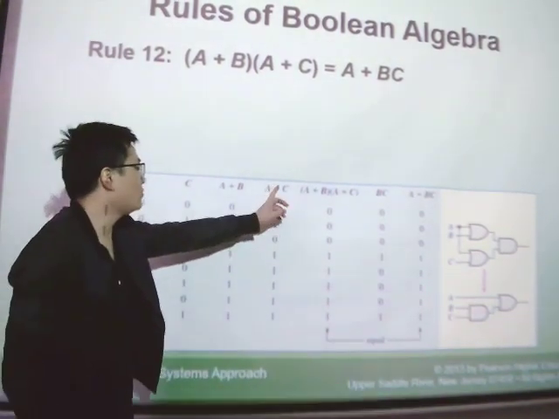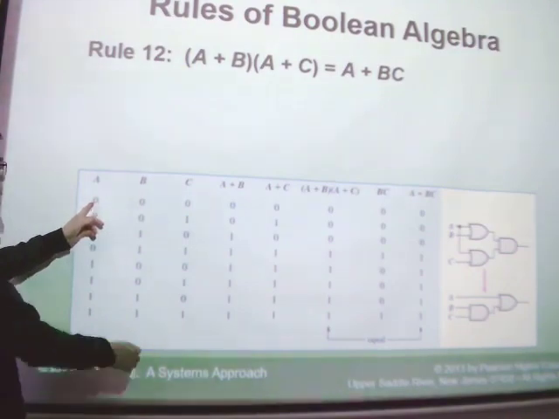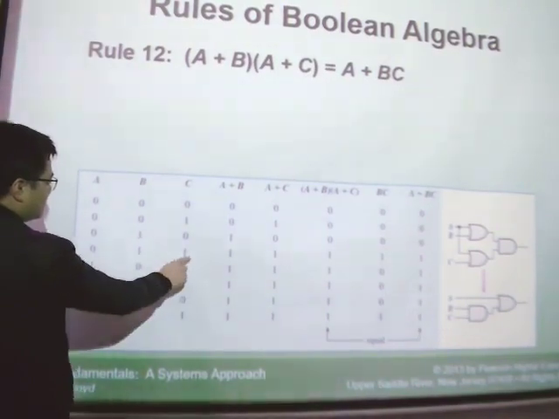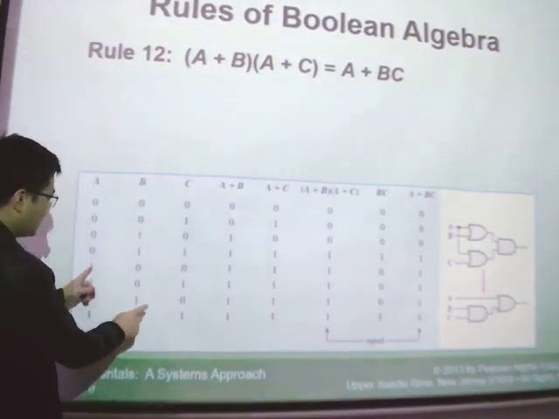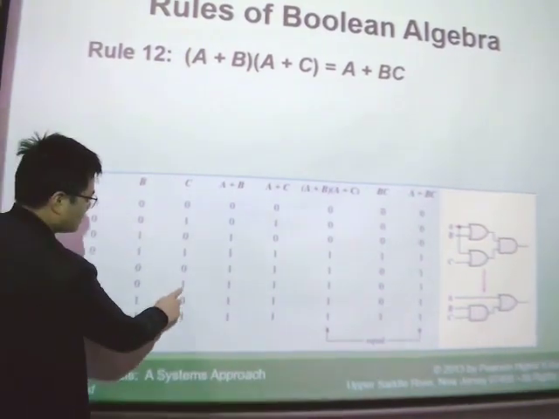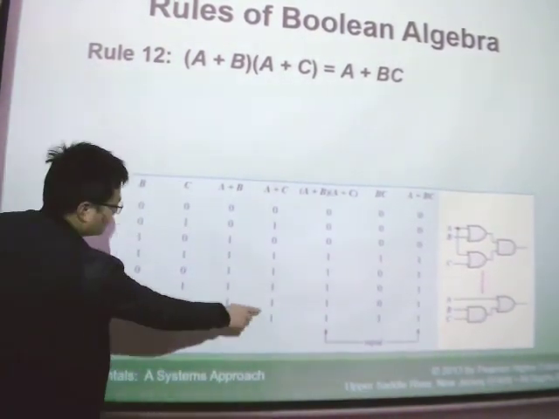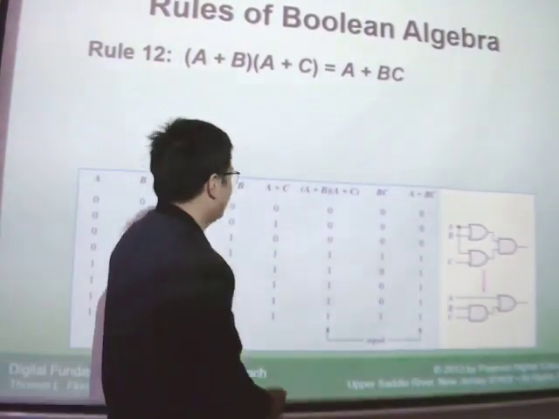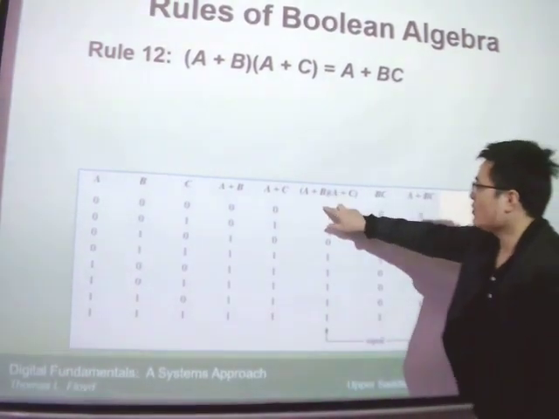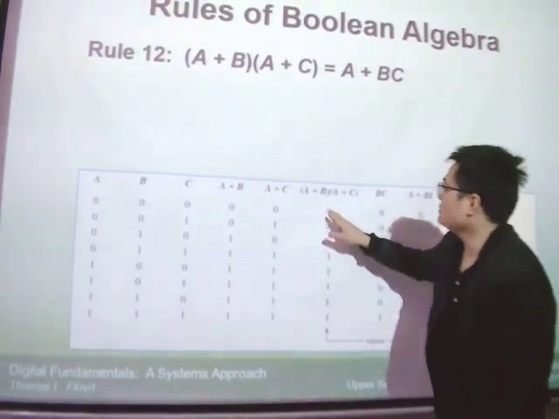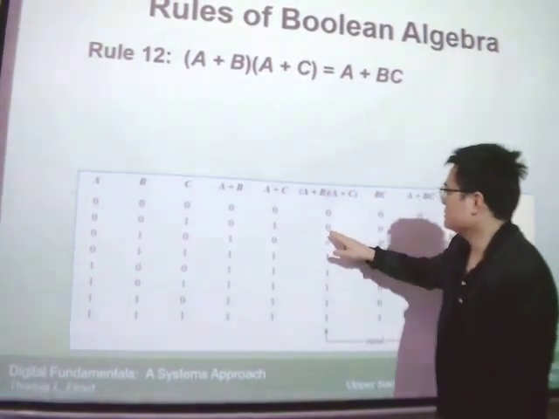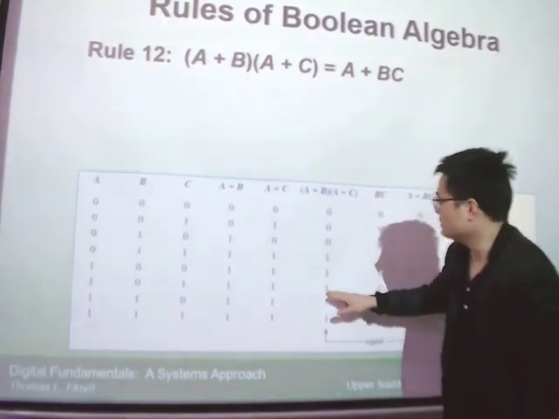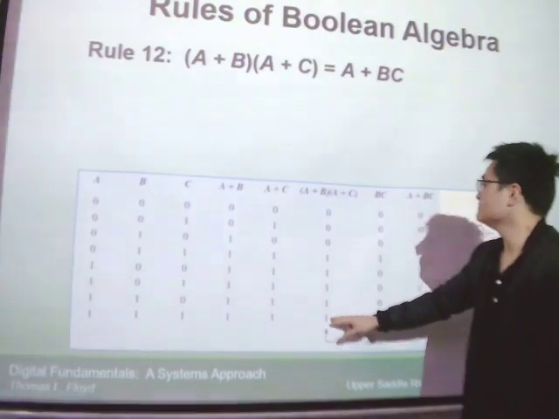Then A or C: 0 and 0 becomes 0, and the others are 1.